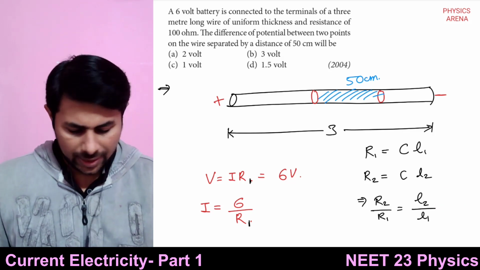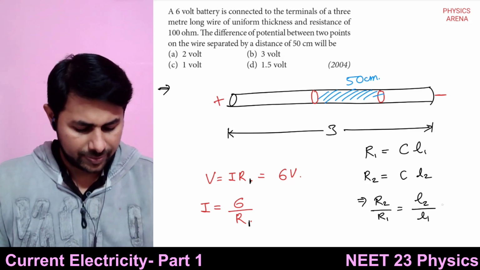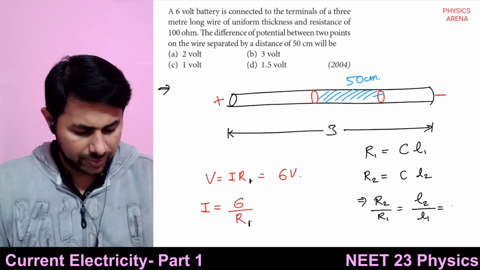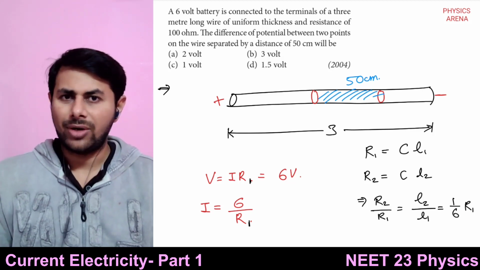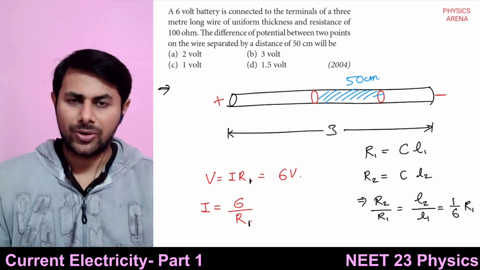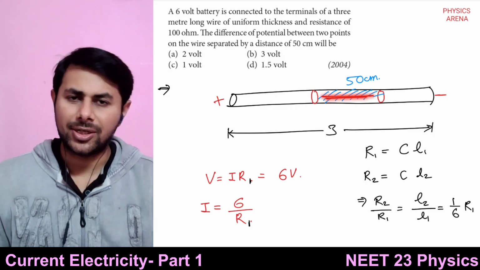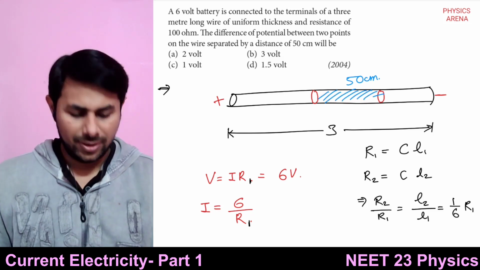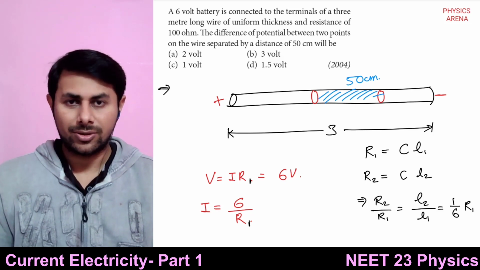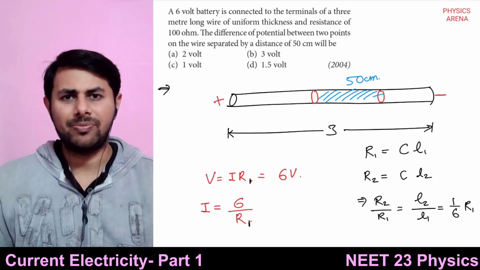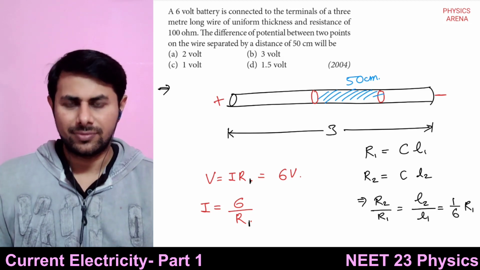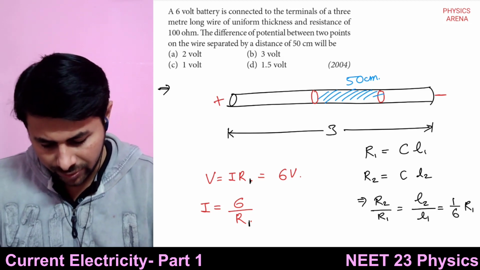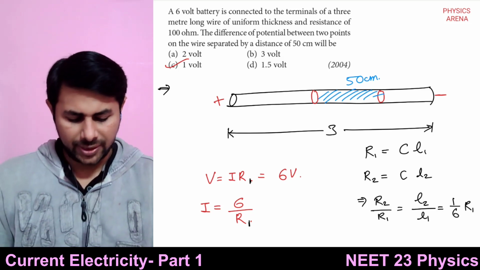So R2 is equal to 1/6 of R1. V is equal to I into R, and same current is flowing through this section also. So resistance becomes 1/6, and the potential difference will become 1/6. So it is 1 volt. Option C.